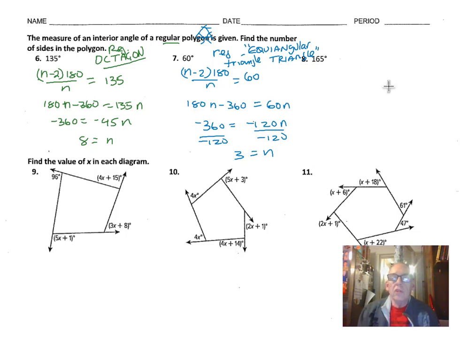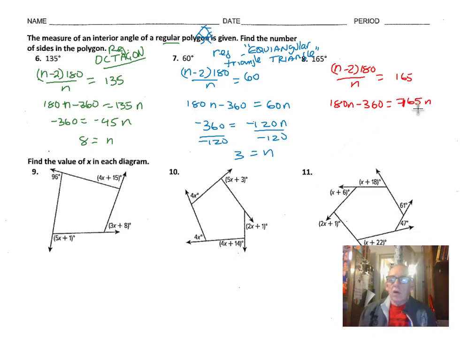We get 165 degrees. n minus 2 times 180 over n comes out to be 165. Multiply both sides by n: 165n equals, distributing the numerator, 180n minus 360.